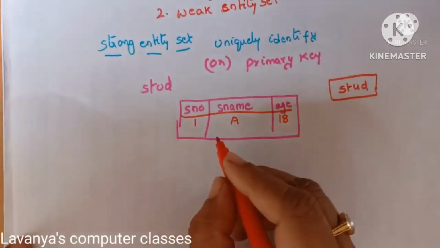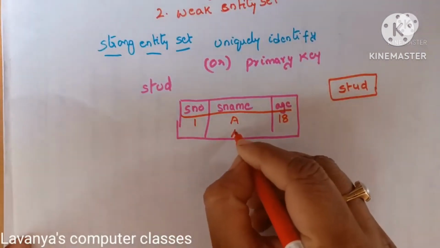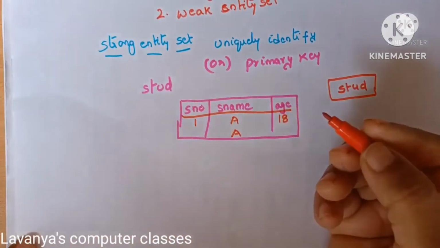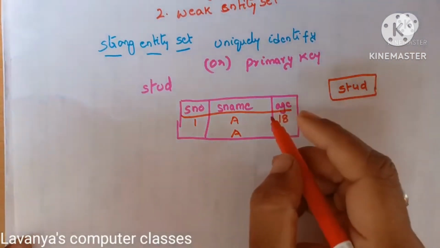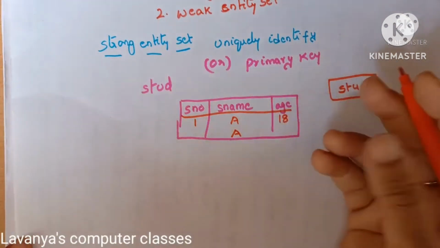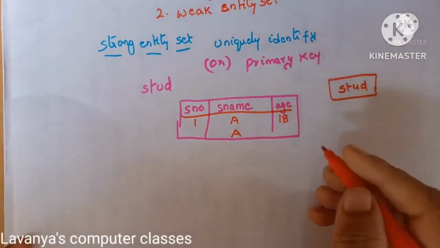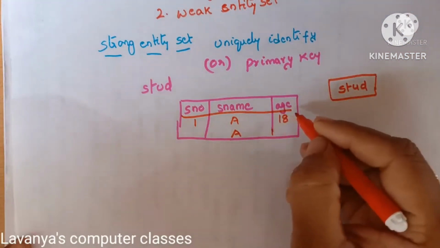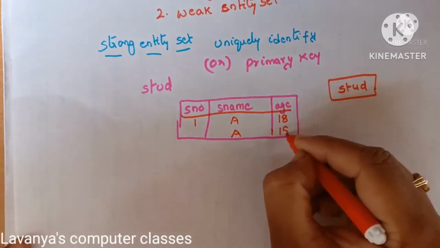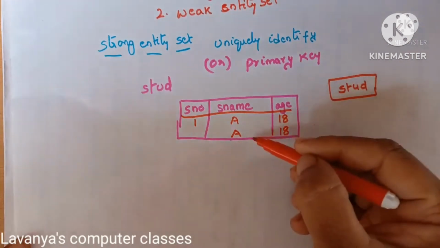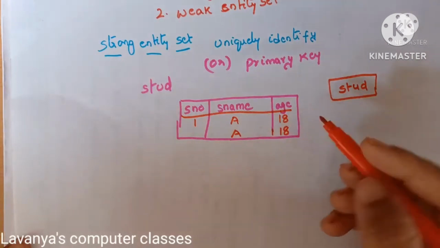Again we take another second record. The student name is again A, no problem. In a class, two students' names can be the same. It is possible: two students named Rama, two named Deepa, Krishna, whatever it is. Both the students' names are the same and the age is also the same.